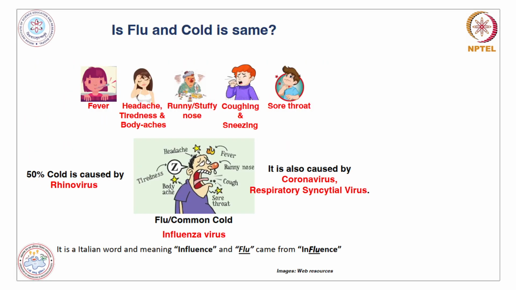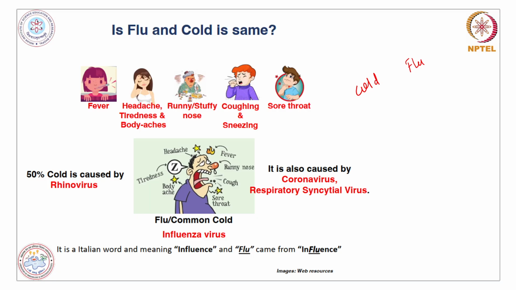So what happens here in the case of cold and flu? There are two different terms, cold and flu. The common cold is most commonly caused by the rhinoviruses, 50% of the time. And other viruses are responsible for other colds also.